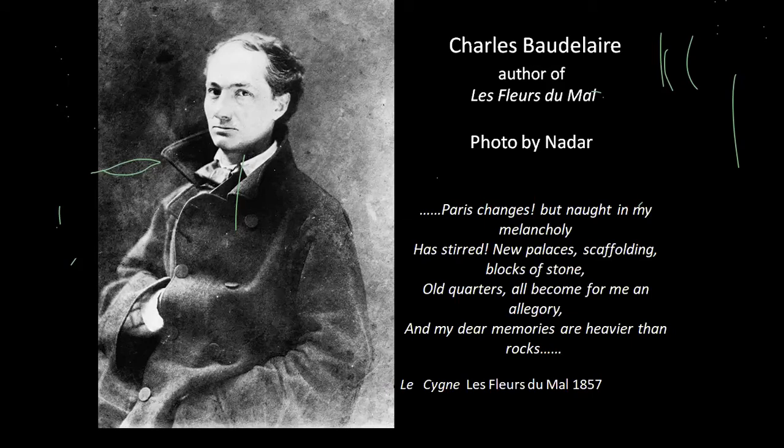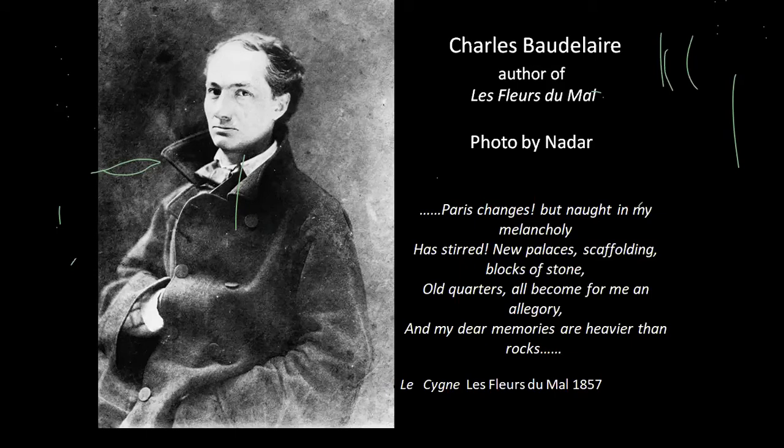He is writing about change, about this poor swan who's broken out of its cage and is fluffing around in the dust outside the Louvre, which is being reconstructed, and all of the boulevards of Haussmannian Paris are being reconstructed. And so the swan is as out of place as the poet. And the poet says, Paris changes, but naught in my melancholy has stirred.